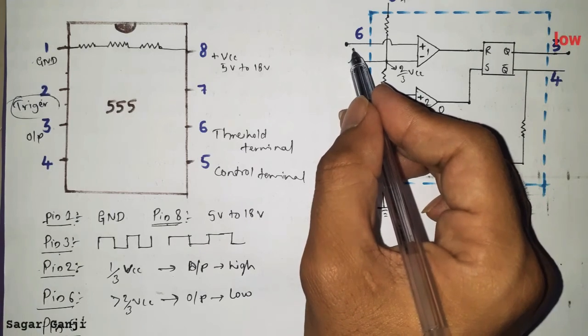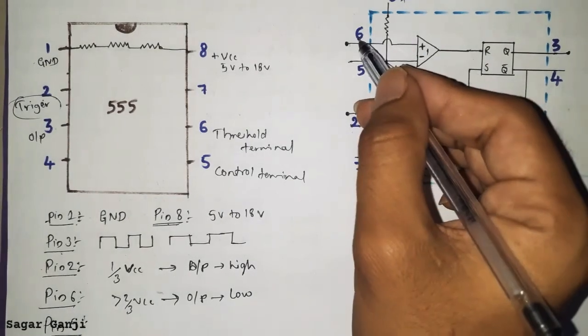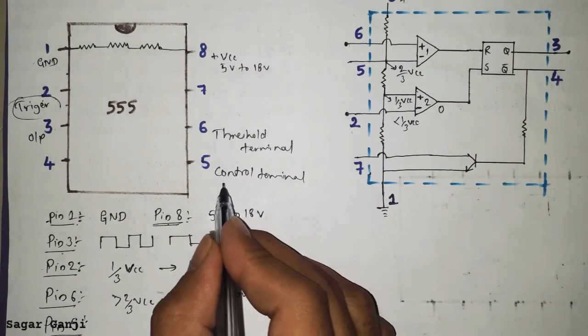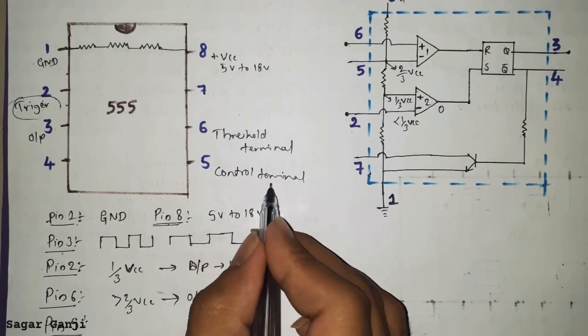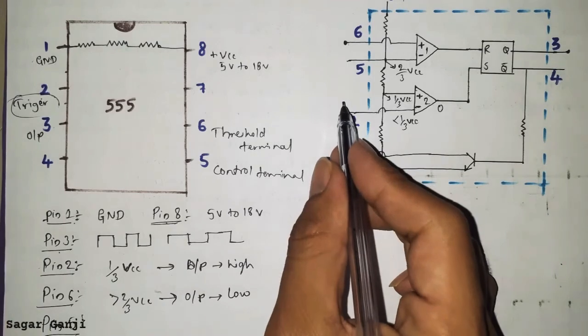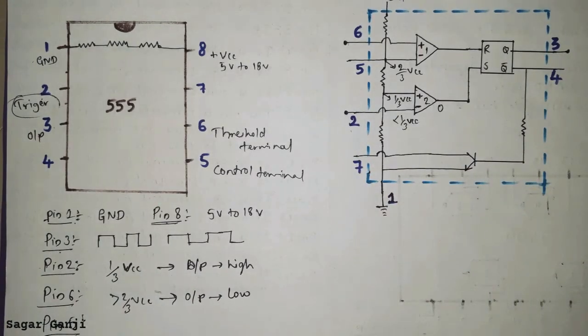The values to be applied at pin number 2 and 6 are determined by the control terminal. If I apply more voltage or less voltage at the control terminal, then the values at pin 2 and 6 should be changed to get a corresponding output.